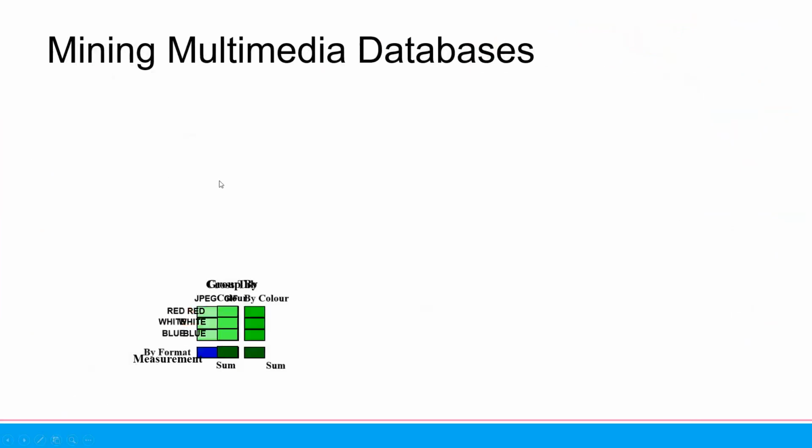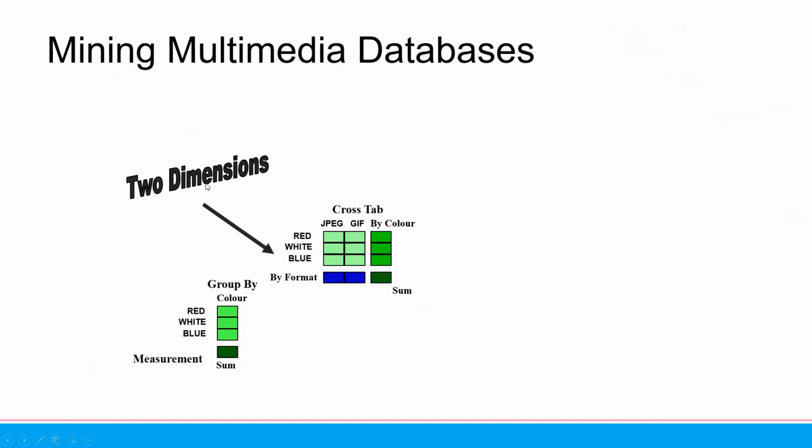So you can check another dimension. For example, I want to check red, white, and blue, and I know the file type. Maybe the file type is JPEG, and the other file type is GIF. So I can check if it is JPEG, how many of them are in the red color. If it is GIF, then I want to know how many of them are in the red color.